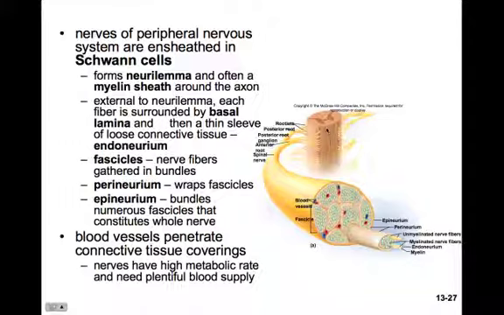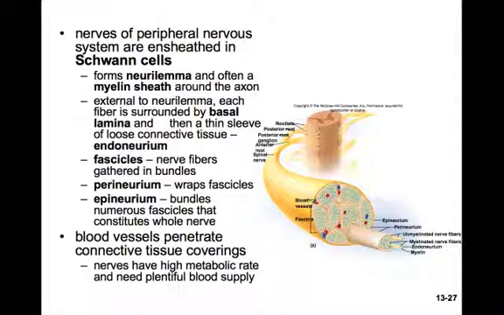External to the neurolemma, each fiber is surrounded by a basal lamina, and then a thin sleeve of connective tissue or endoneurium. Remember, endo means inside, so here we have myelinated nerve fibers surrounded by this basement membrane, which we can't see in this picture, and then an endoneurium around it.